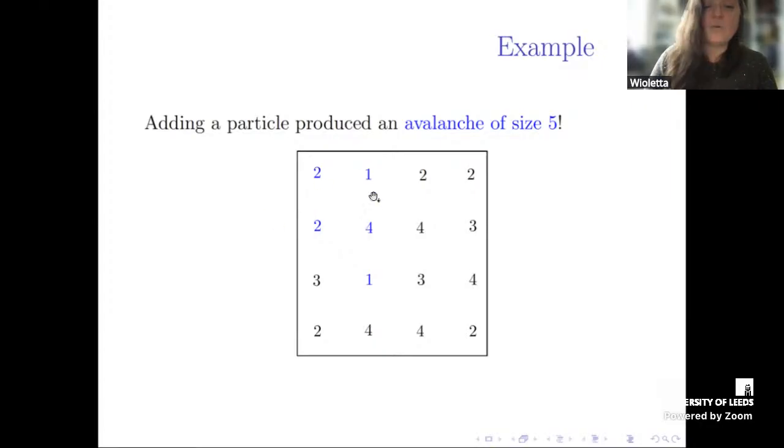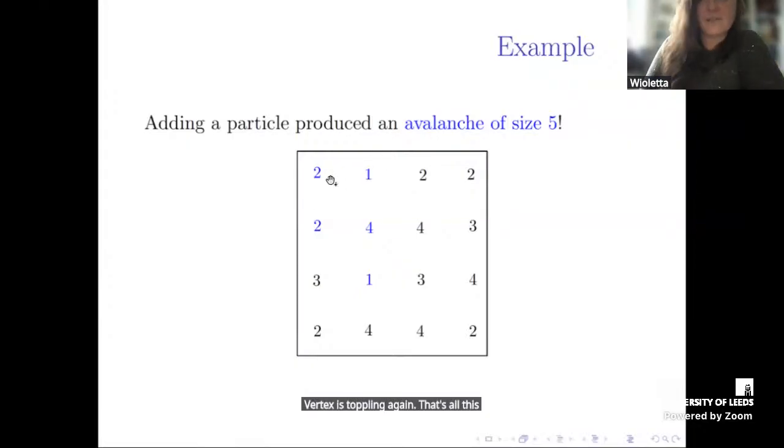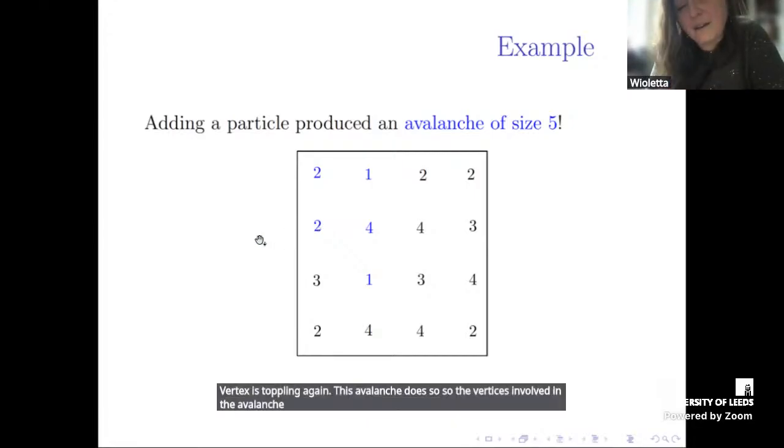Okay, so this we would call an avalanche of size 5. And it can also be that the same vertex is toppling again. So the vertices involved in the avalanche can topple once or several times. Okay.